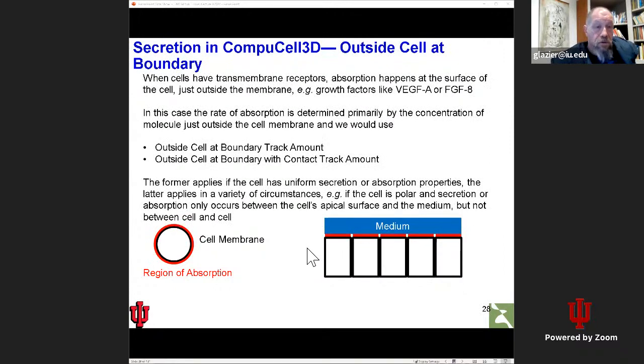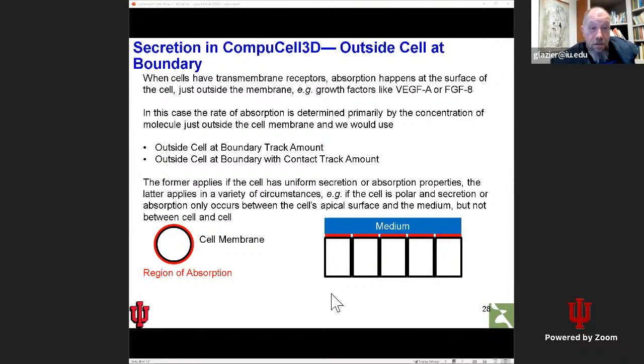In another case, which is pretty common, there could be receptors which stick out of the cell and bind molecules that are circulating. Those receptors could be doing something useful, like binding a growth factor, or they could be doing something less useful, like binding a virus and bringing it inside the cell. You've heard of, I'm sure by now, the ACE2 receptor, which is one of the primary ways that SARS-CoV-2 gets into cells. It's not that there was any evolution of the ACE2 receptor to bind SARS.